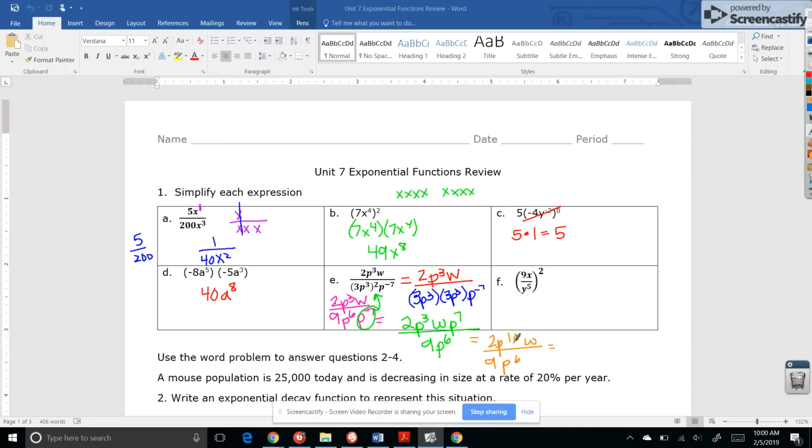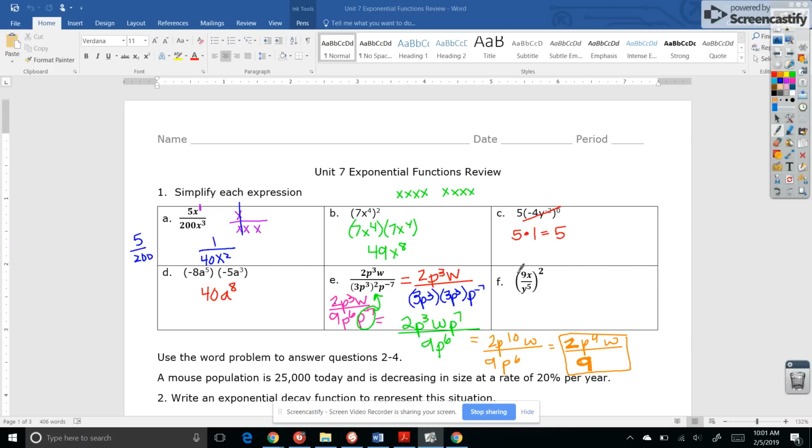And then 10 minus 6 is 4. That's a 9. 2 divided by 9 does not simplify. They don't share anything in common, so I do not need to simplify those coefficients.